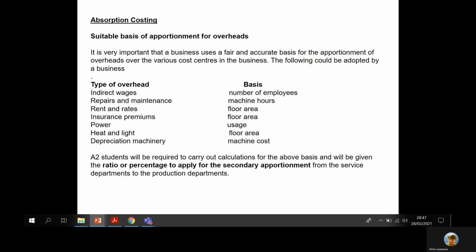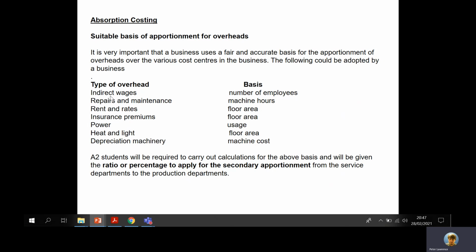Now, you possibly may have to do this in the exam. It's happened a couple of times. You might not. But what you basically try and do is you look at the overhead and then you decide to split that overhead based on various factors, which we call basis of apportionment. So, for example, you might split your indirect wages.